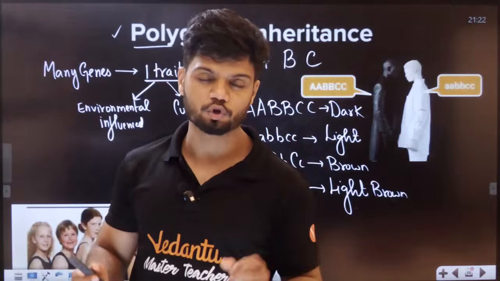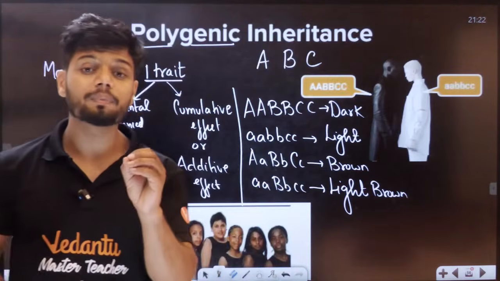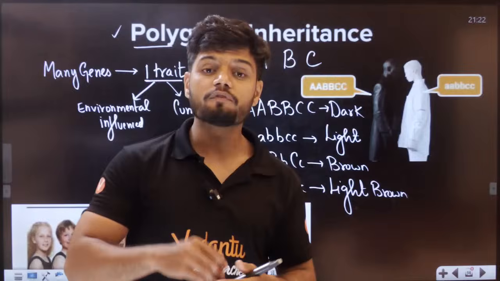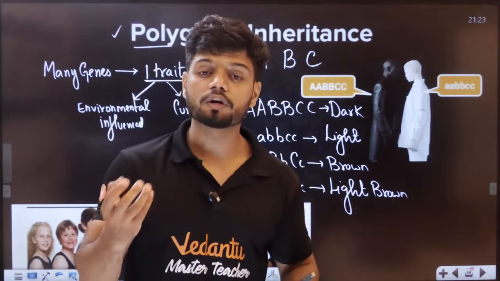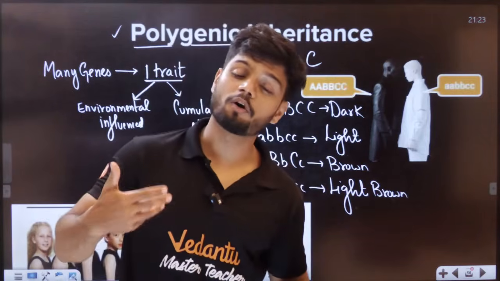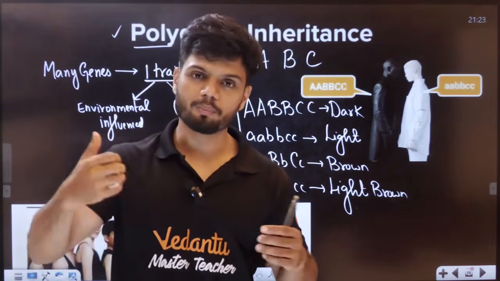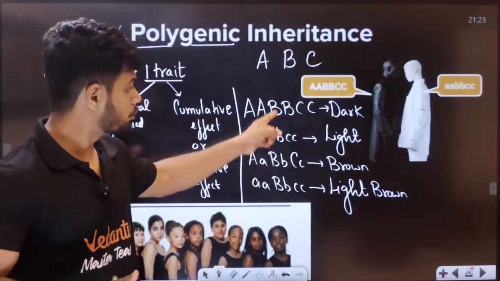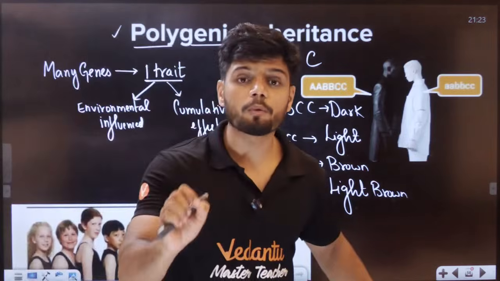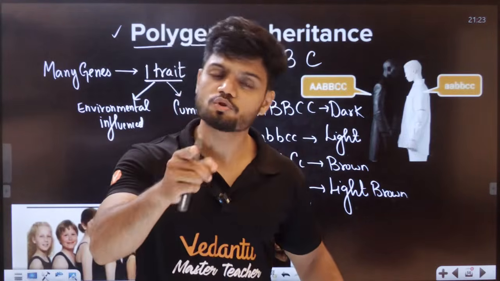Same goes for human height also. In the case of human height, what happens, students? If you do not get proper nutrition, proper vitamins, proper minerals, the height sometimes cannot grow. You might have very good genetics, but if you do not have proper nutrition, sometimes you might not grow tall.